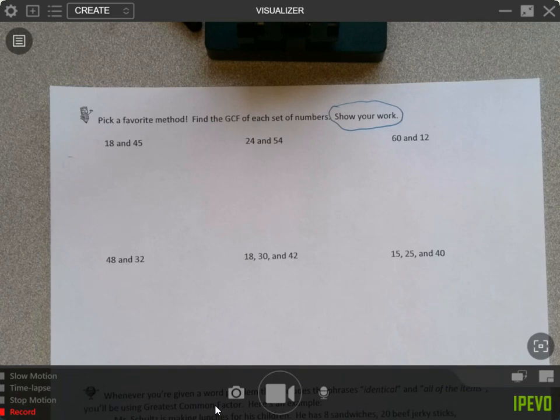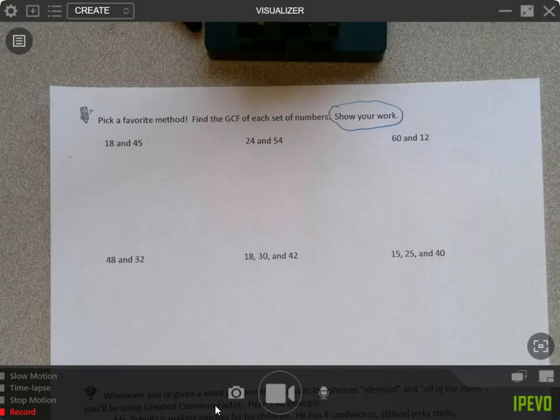Whichever method you use, you have to show the work you're doing. You cannot just look at it and say, I know my math facts, I know this is the biggest number that can come out of both, and I'm just going to write it. That's not practicing, okay? No gold stars for mental math. I need to see the work of whichever method you're using.